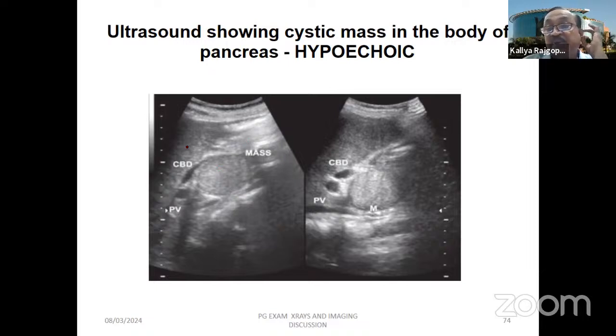So it's important that ultrasound has become one of the most useful investigations today. We call it an extension of the clinical examination for a surgeon. And you can diagnose so many things. It is excellent for solid viscera, like the liver, spleen, and such large masses. One of the problems in the abdomen is the presence of gas.